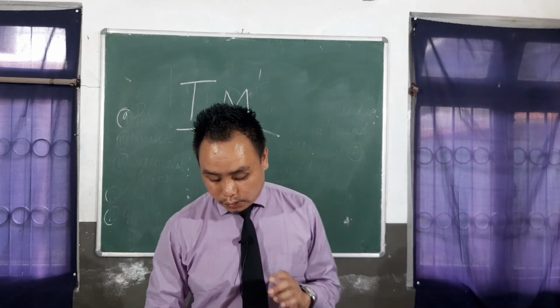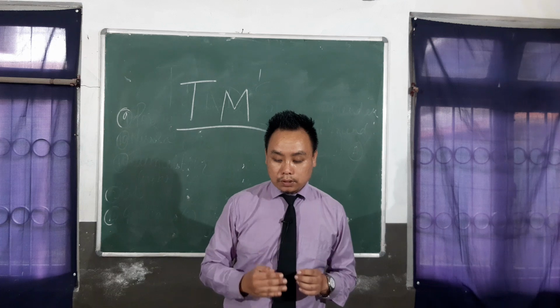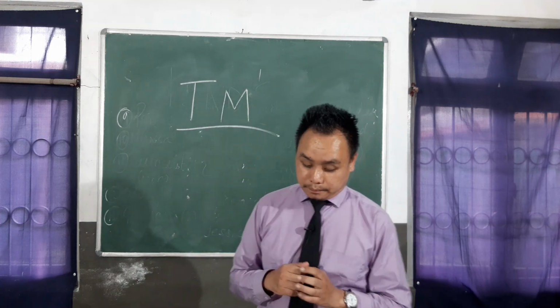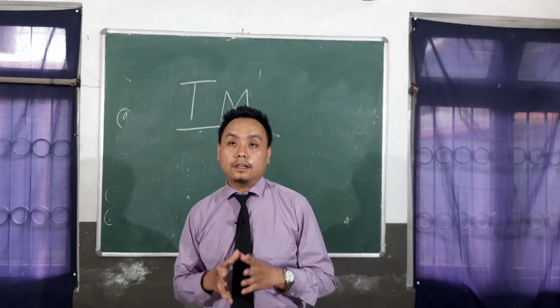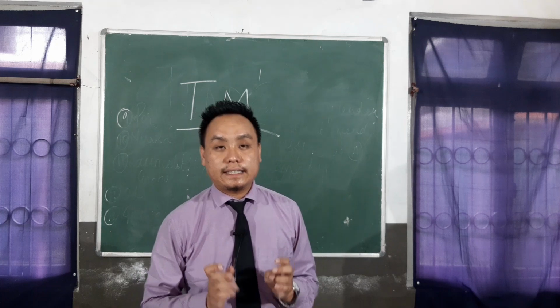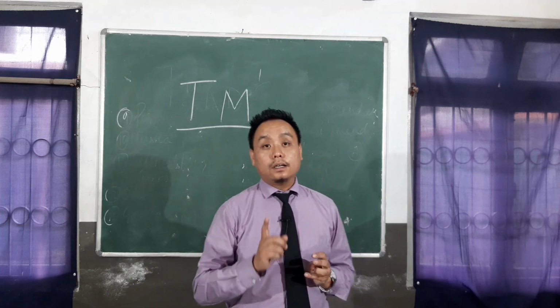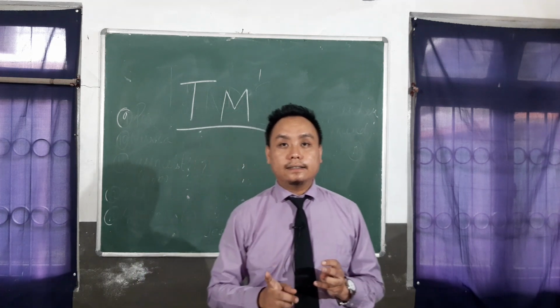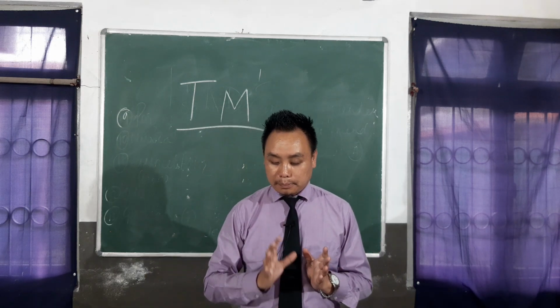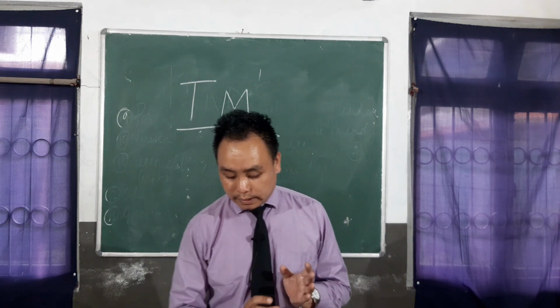Now moving next is the position of trademark under the Trademark Act 1999. What is the position of trademark in our country according to the Trademark Act of 1999? Section 2 of the Act of 1999 states that trademark means a mark capable of being represented graphically.